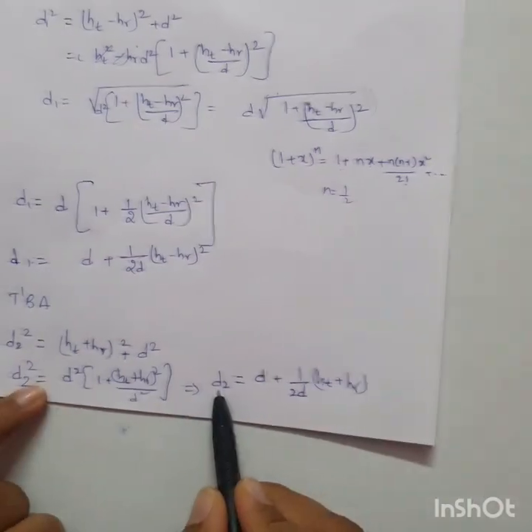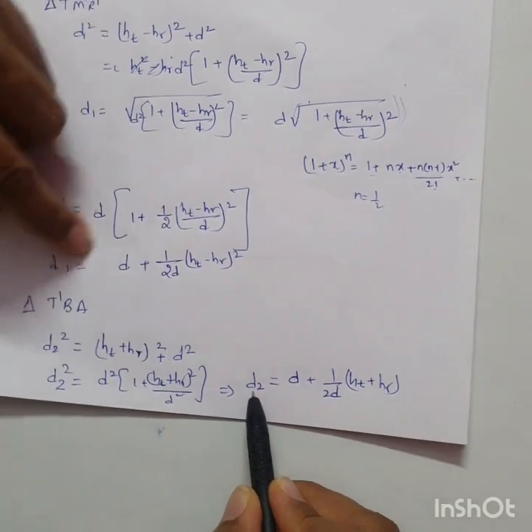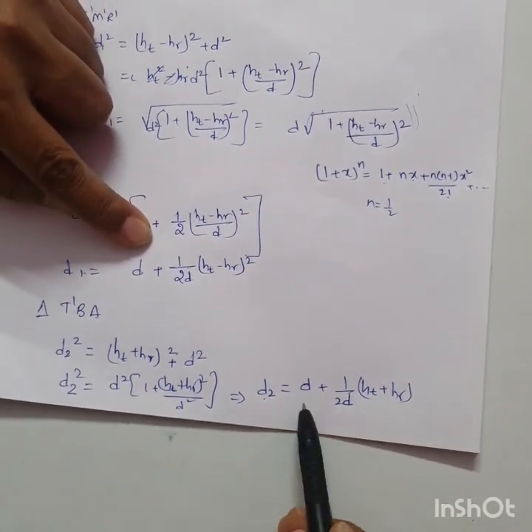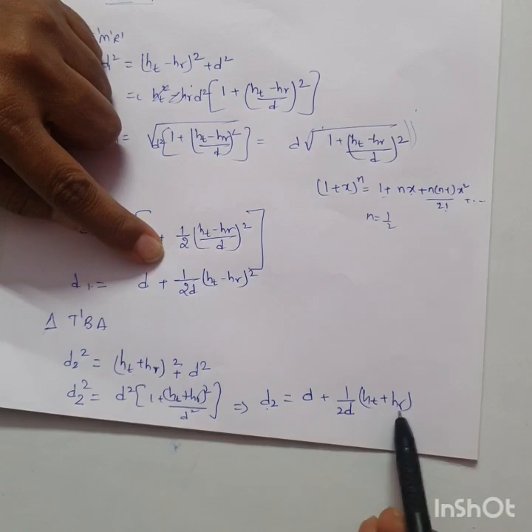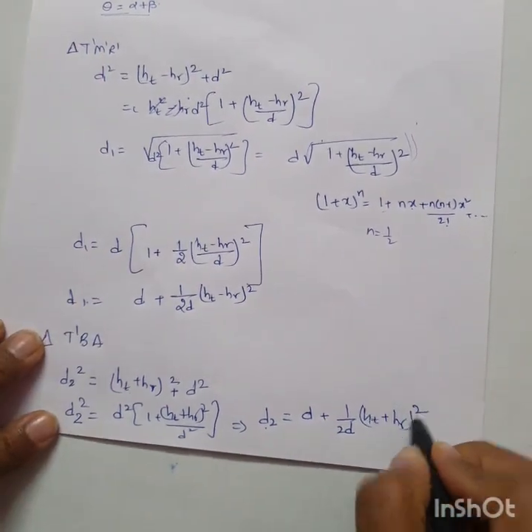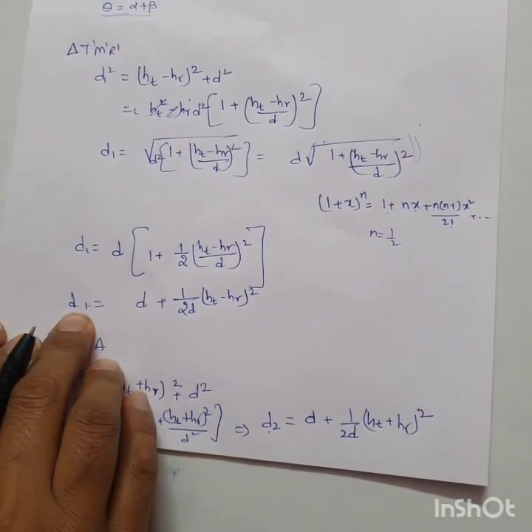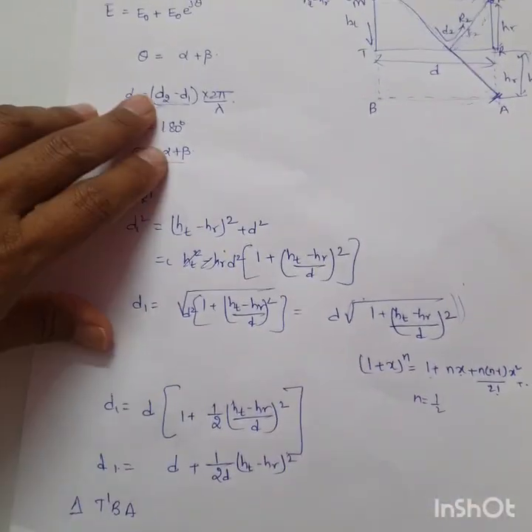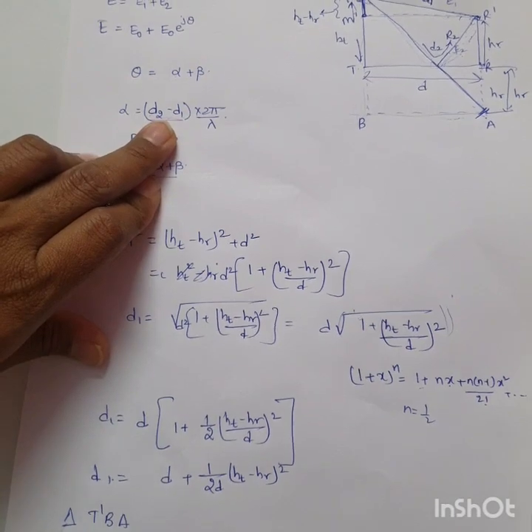So D2 I can write, in the similar way that I wrote D1, as D plus 1 by 2D into HT plus HR whole square. So we got the value of D1 and the value of D2. Now all we have to get is the path difference D2 minus D1.